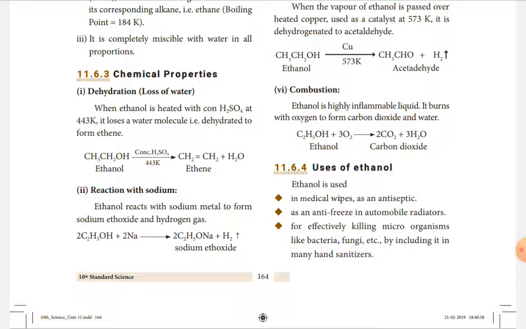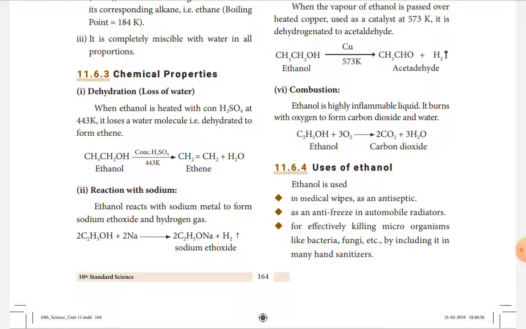In the presence of concentrated sulfuric acid at 443 Kelvin, ethanol loses a water molecule and turns to ethene. So the water molecule is removed, and ethene, with a double bond, is formed.